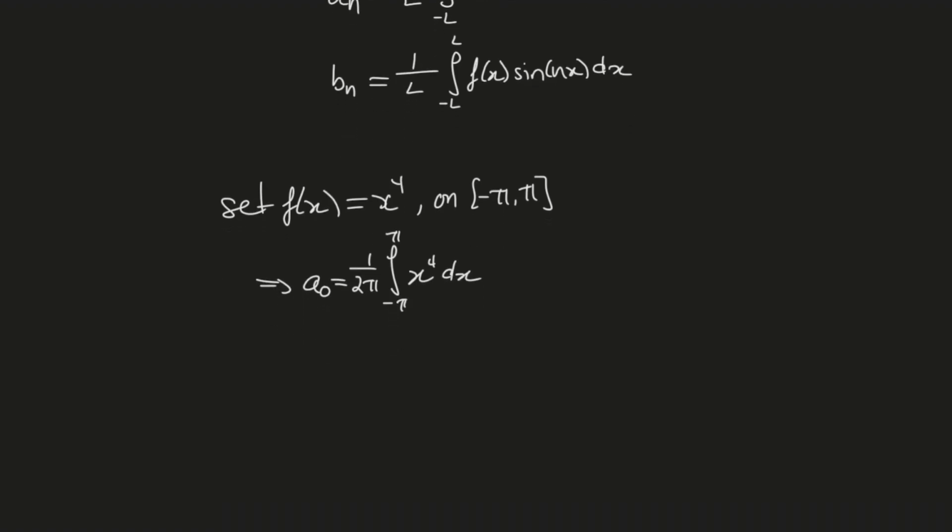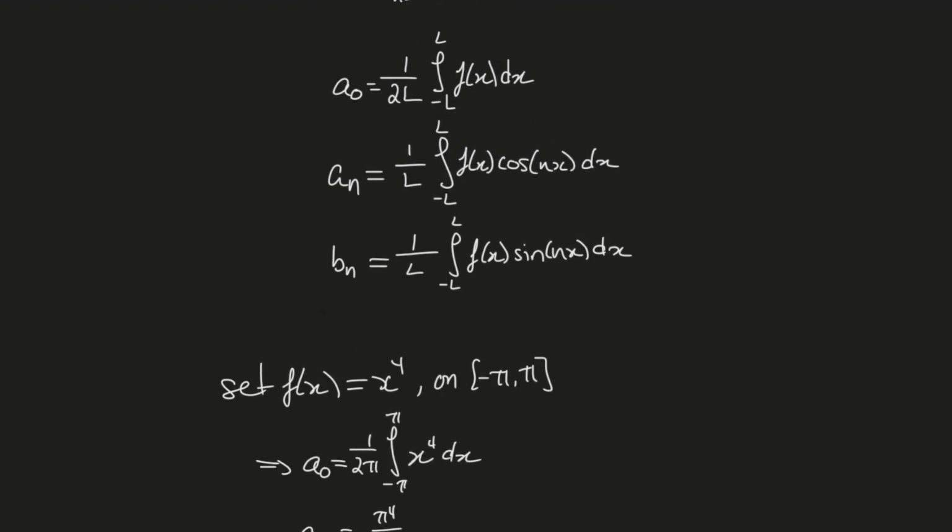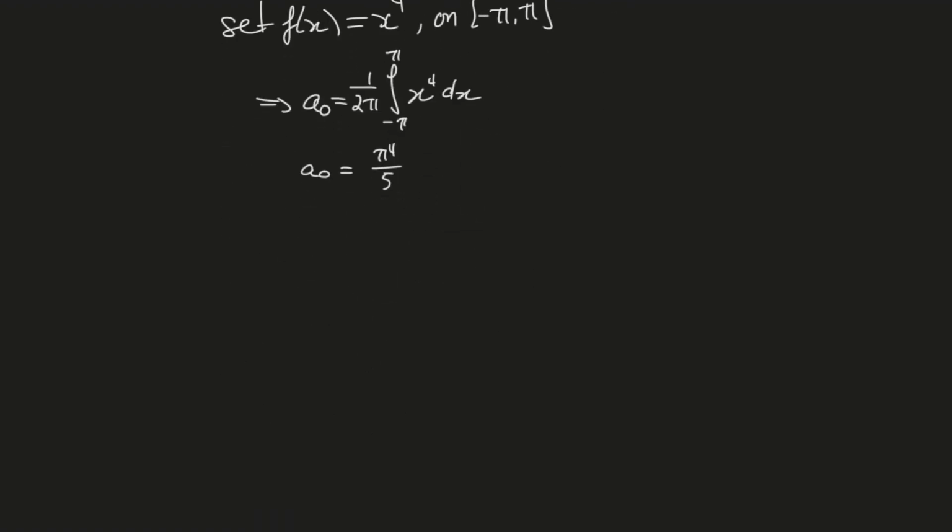Now this obviously evaluates to x to the 5th over 5, and when we plug in pi and negative pi, we would get 2 pi to the 5th over 5, and we're dividing by 2 pi, so a naught would be pi to the 4th over 5.